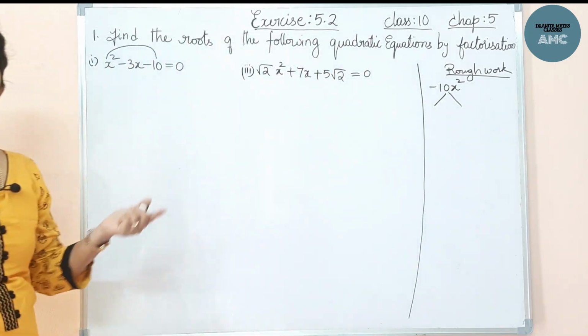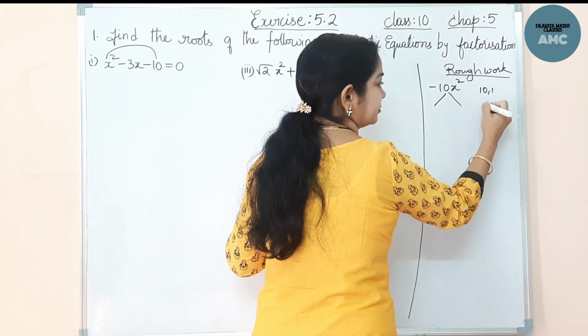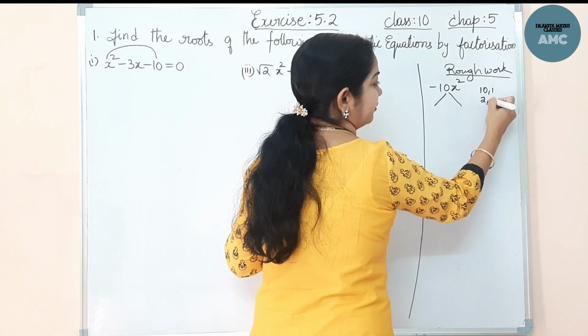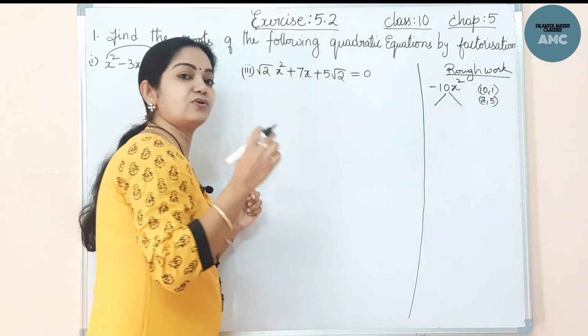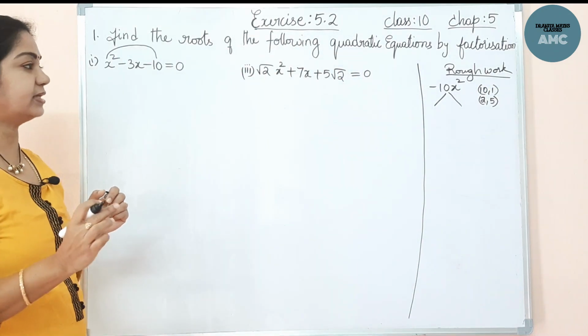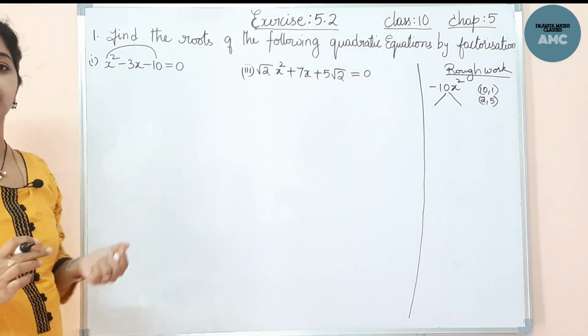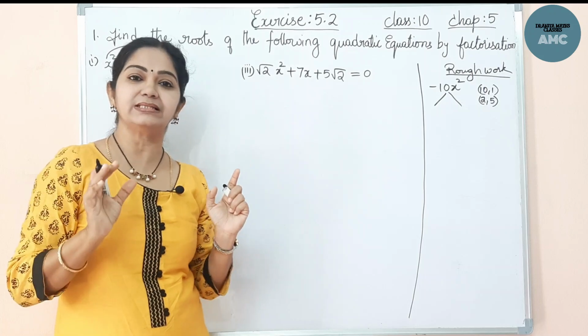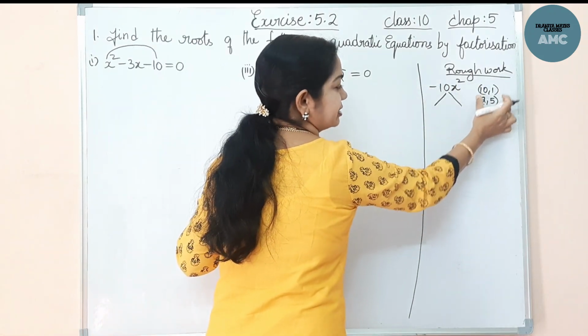Now, what are the factors of 10? We can write 10 and 1. We can write 2 and 5, 5, 2. All these are factors of 10. Which factors of 10 do we have to take so that when added, you get the middle term? Splitting the middle term means that when you take this 10, I'll take two of its factors.